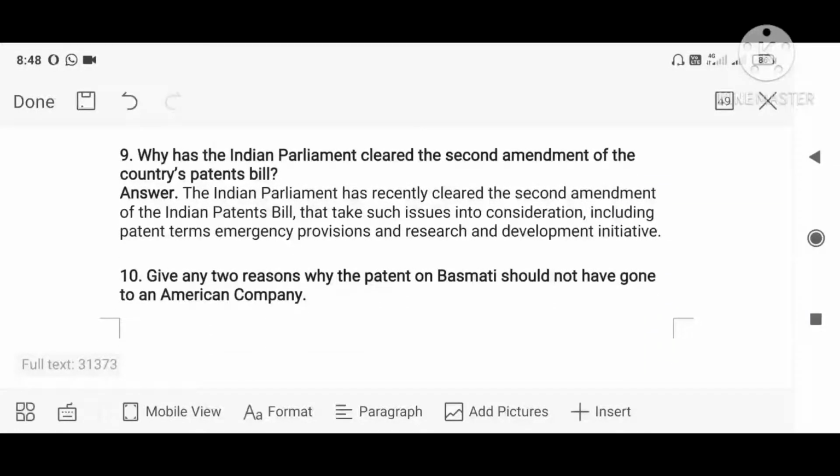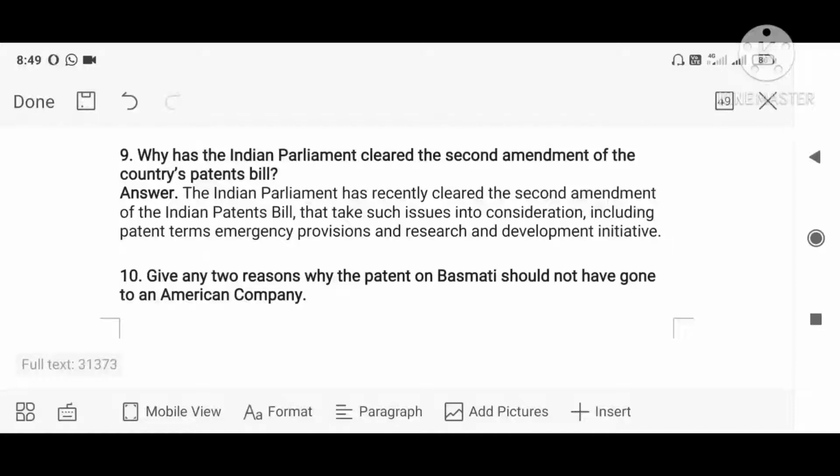Why has the Indian Parliament cleared the second amendment of the country's patent bill? You know, the Indian Parliament has recently cleared the second amendment, wherein they are taking all the considerations regarding patent terms, everything is being taken care of. They are giving emergency provision, research and developing activities, and they are giving patents so that Indian people can develop their Indian varieties and get the patent for their own varieties, so that other countries do not take advantage of our resources.